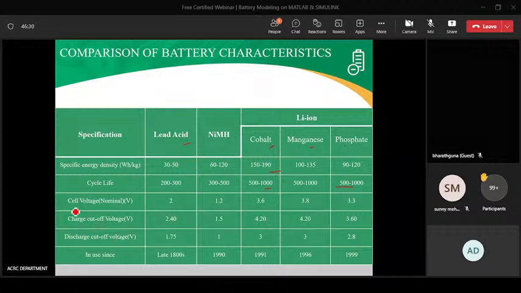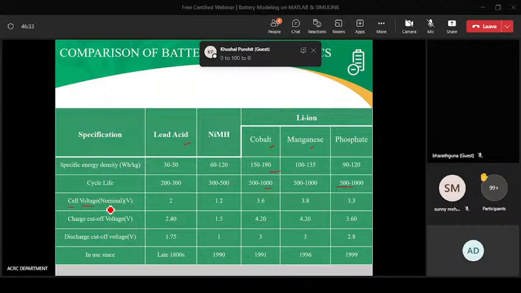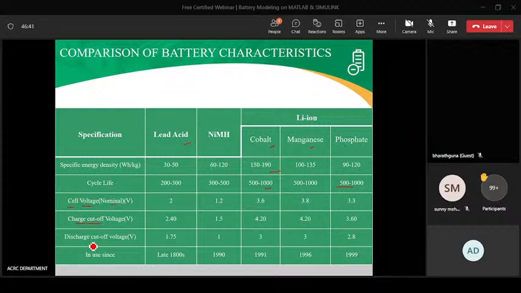Now the voltage. The first one is the cell voltage of the battery pack. This one is the nominal, the charge cutoff, and the discharge cutoff. I'm asking the audience, what do you understand by nominal? Means normal voltage. Yeah, we can say it is the voltage which the battery tries to maintain and is available for that time.